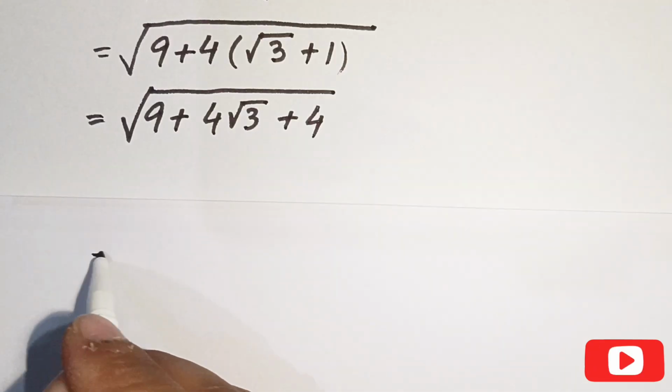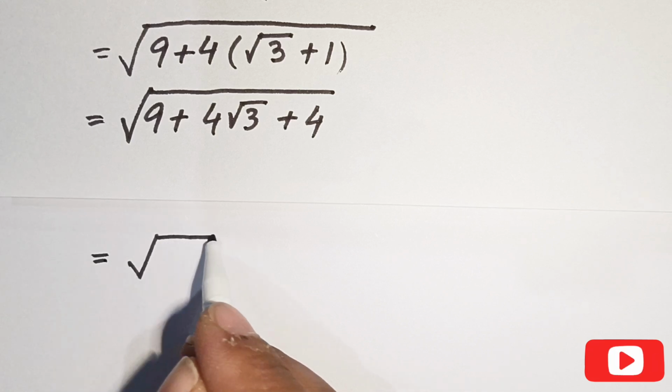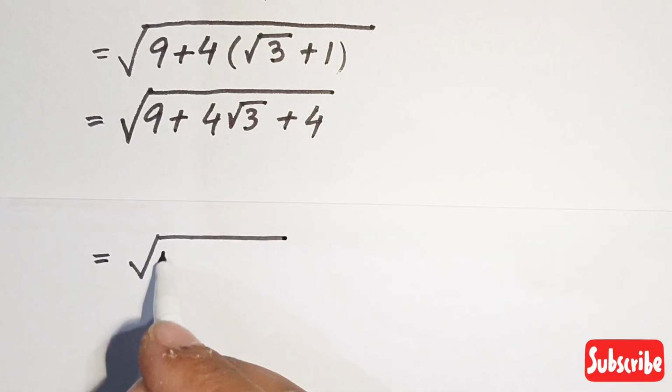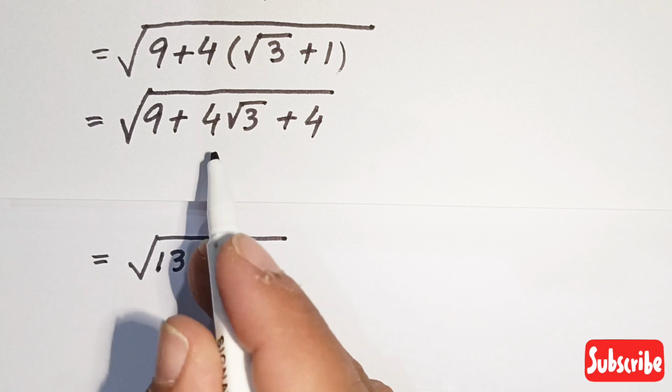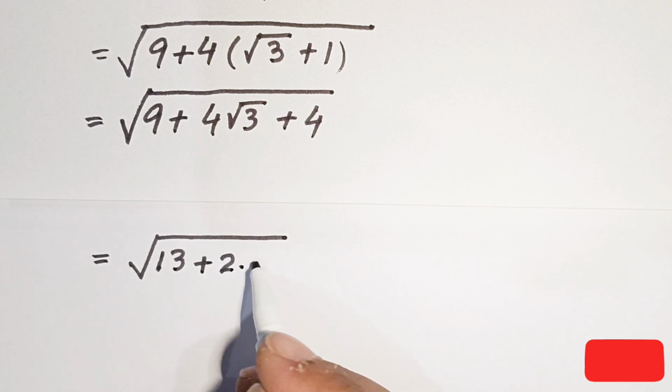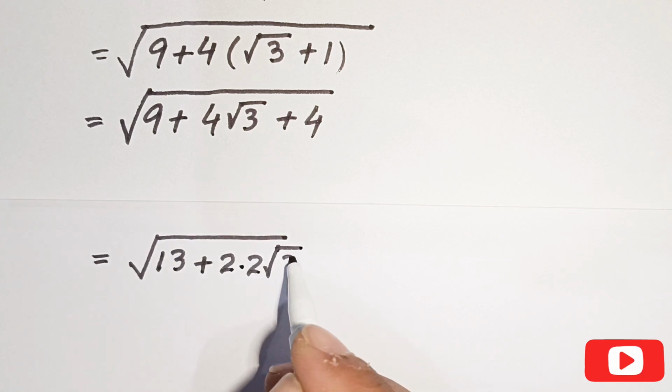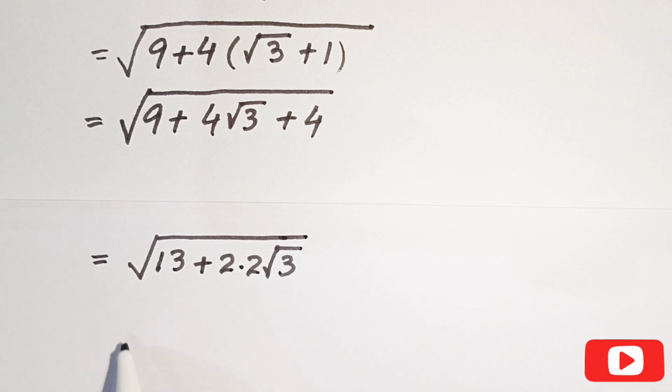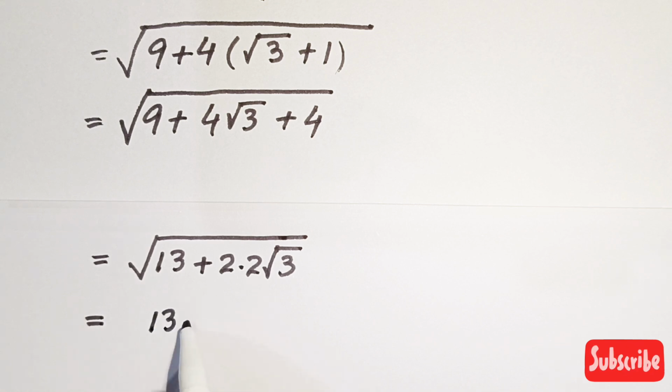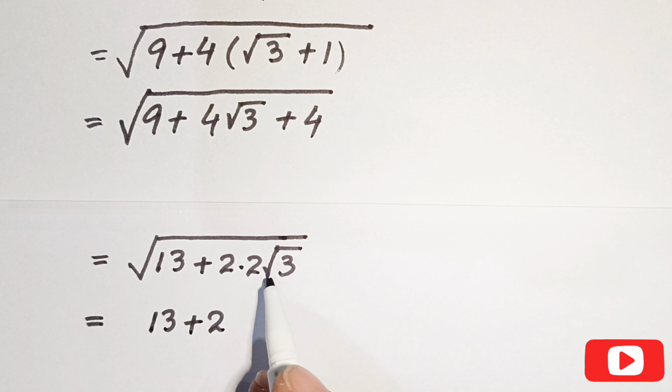Now 9 plus 4 is 13, plus this 4 can also be written as 2 times 2 times square root of 3. So next step will be, we write 13 plus 2 times 2 times square root of 3.